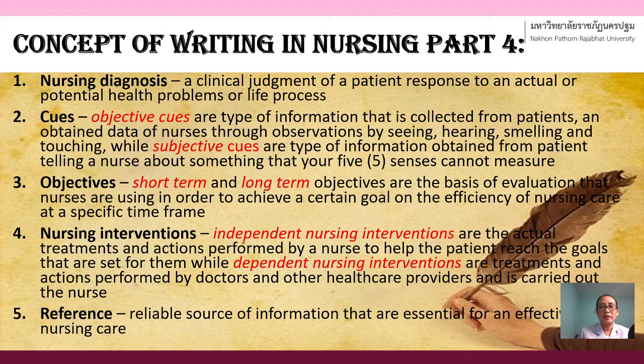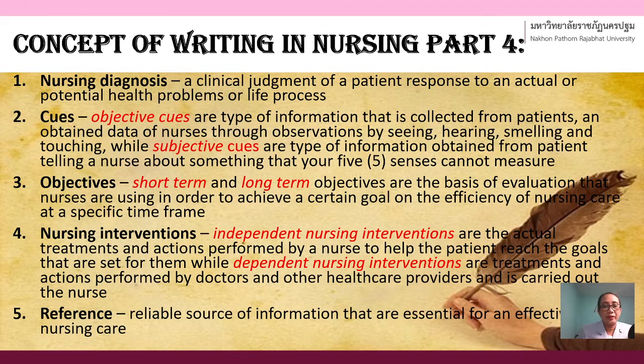These are the basis of evaluation for nurses in order to achieve a certain goal on the efficiency of nursing care at a specific time frame. So it should always be time bounded. Let's say, for example, your goal for the patient's fever is to decrease within 4 hours, within 8 hours, or even within an hour. So you need an objective.